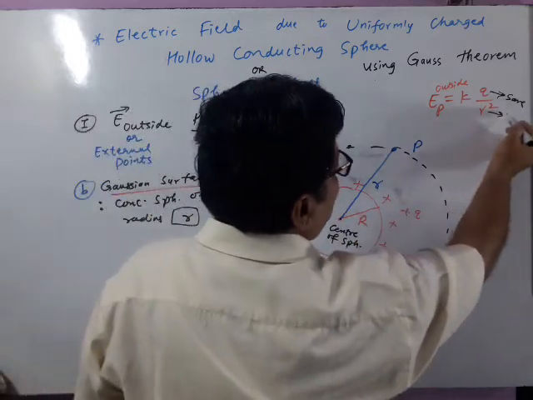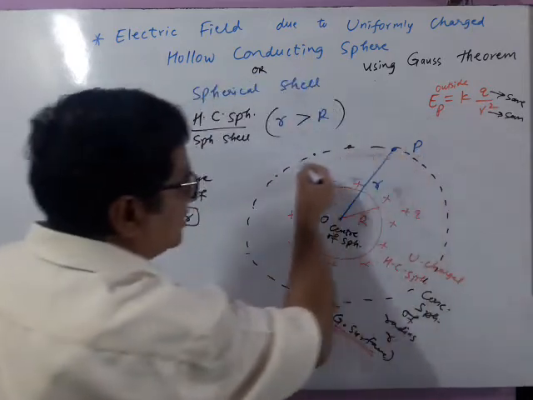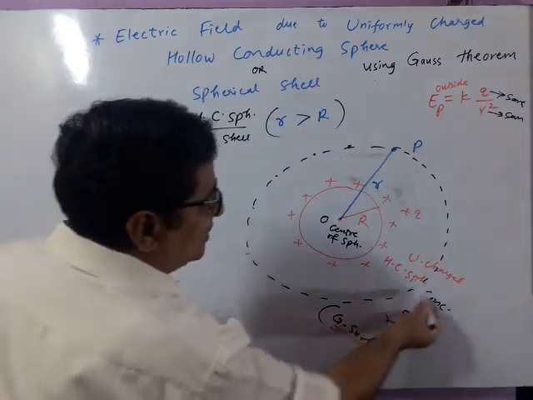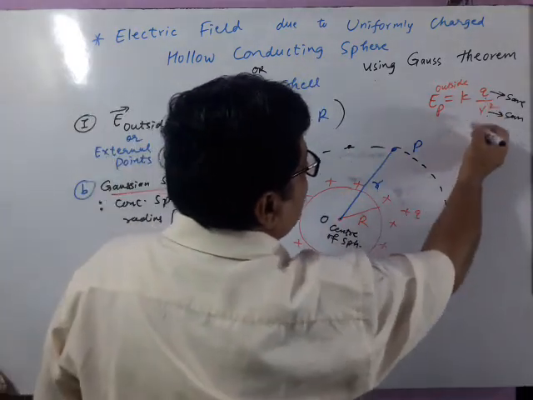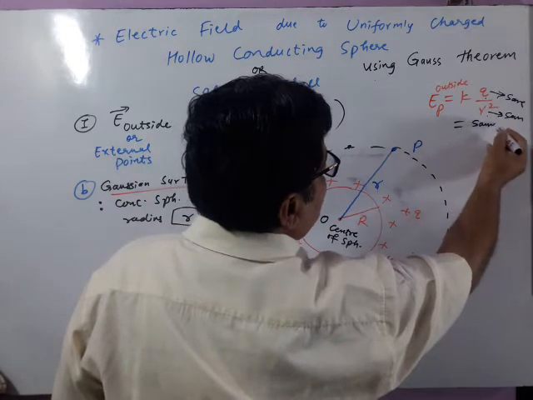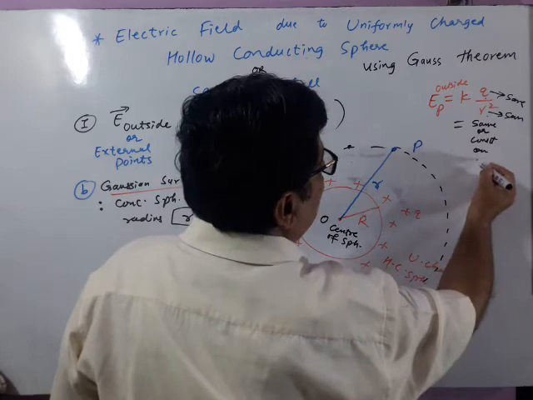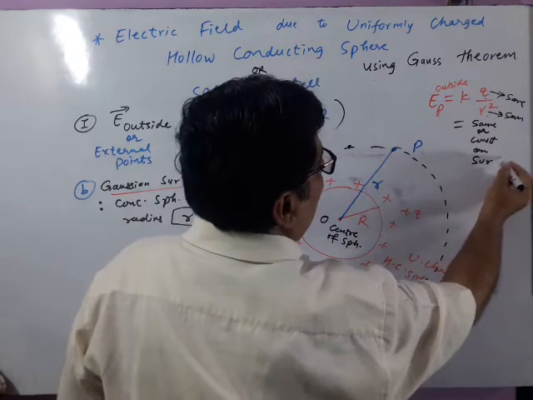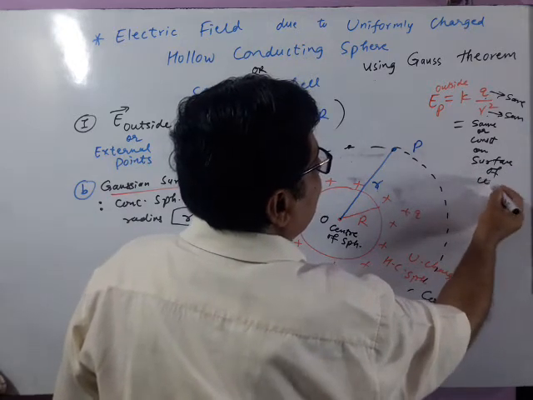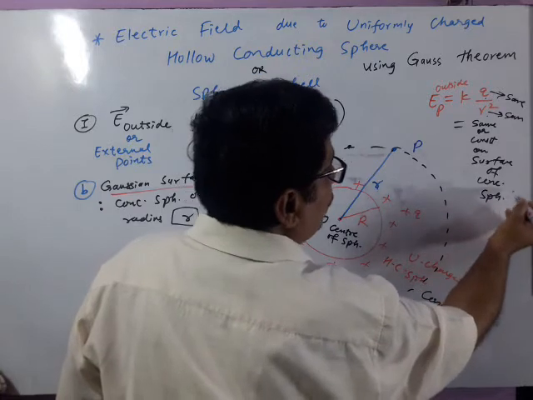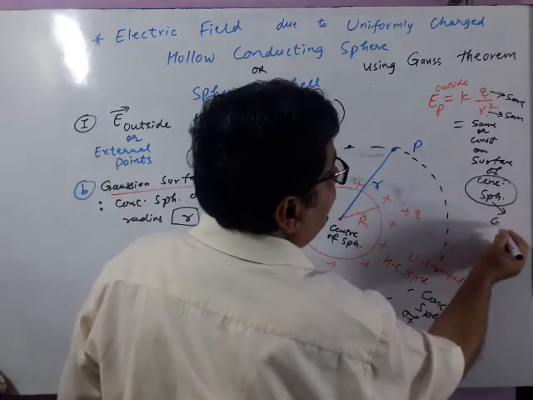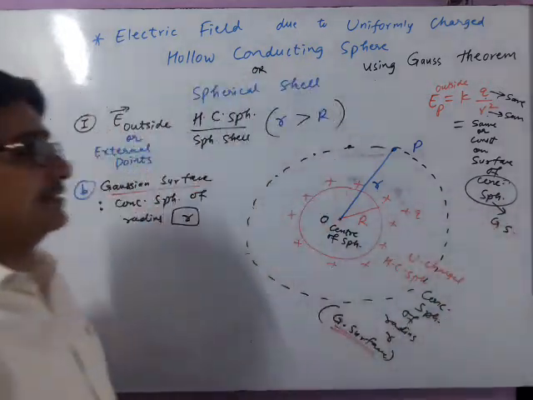Small r is same. For this concentric sphere, which is the Gaussian surface, when r and q are same, electric field will remain same or constant on the surface of the concentric sphere. So this concentric sphere is named the Gaussian surface.